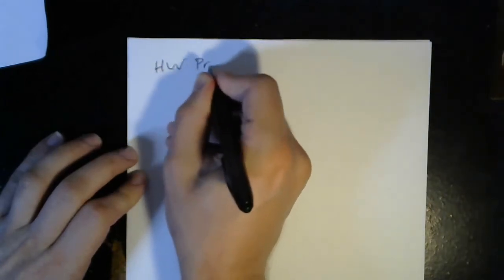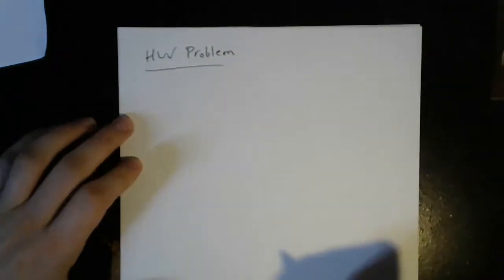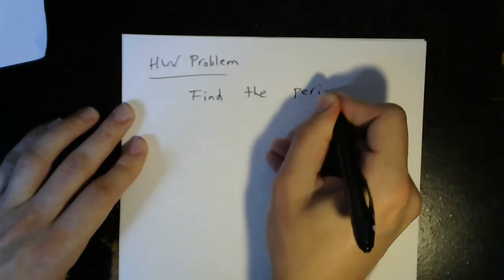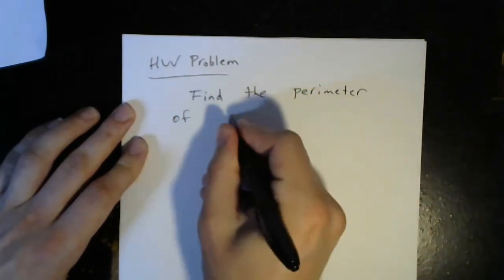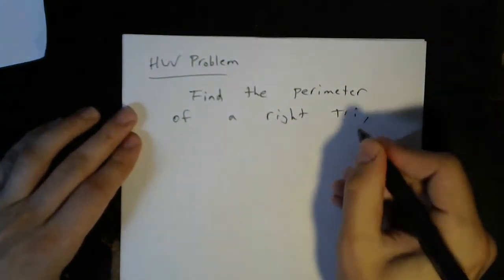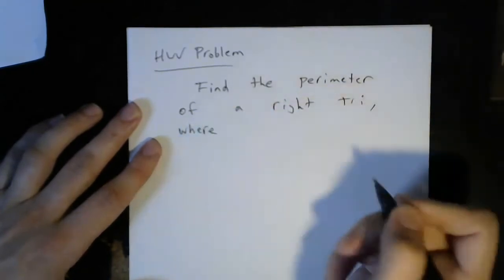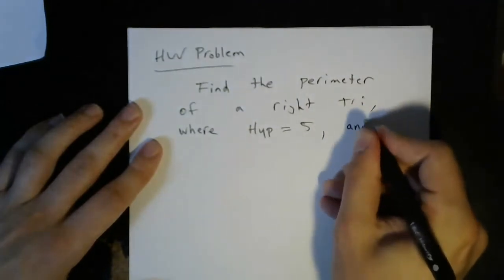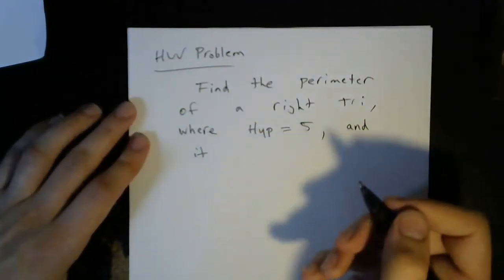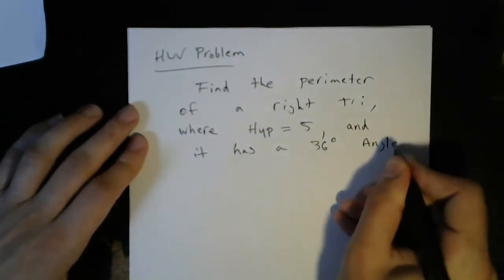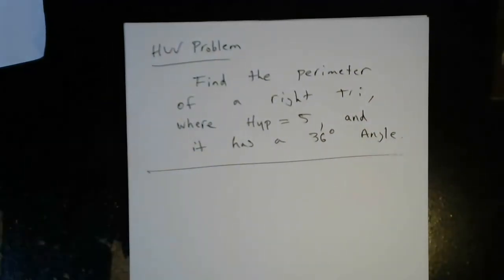So it says, we want to find the perimeter of a right triangle where the hypotenuse is 5 and it has a 36-degree angle. So this is what the homework problem says.